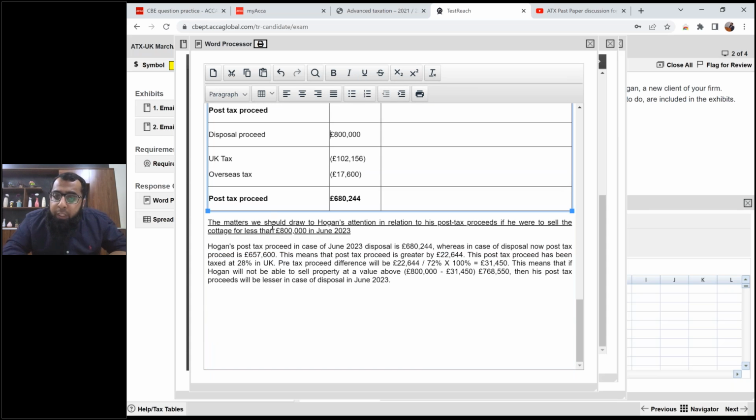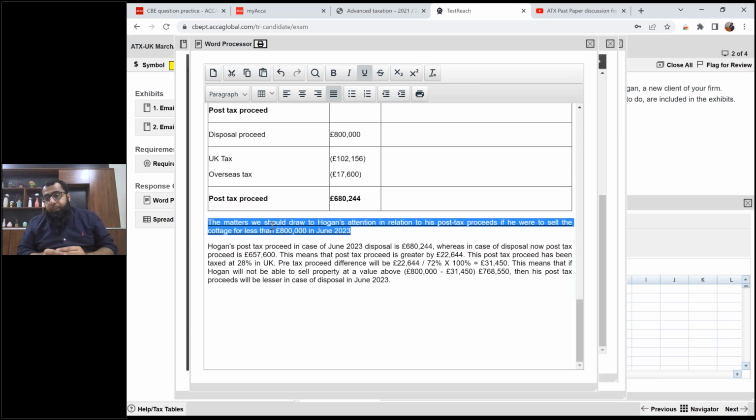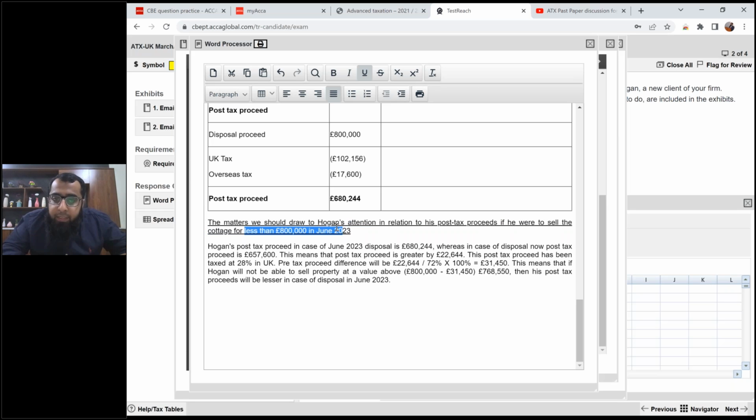Now there was one question: if he were to sell the cottage below 800,000 pounds, what should he consider? The matters we should draw to Hogan's attention in relation to his post-tax proceeds if he were to sell the cottage for less than 800,000.